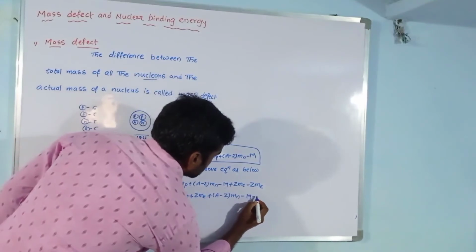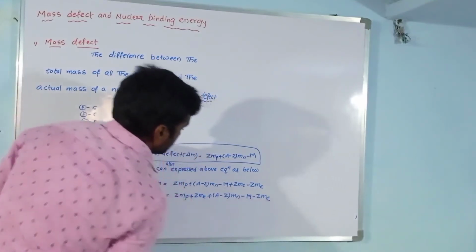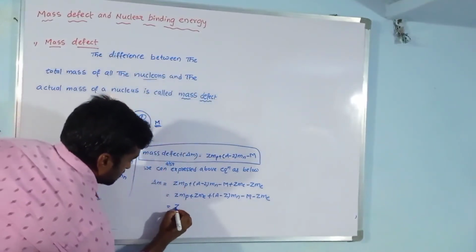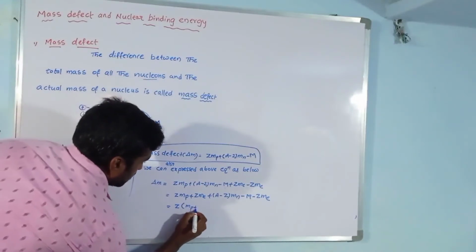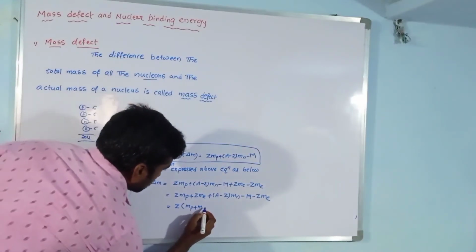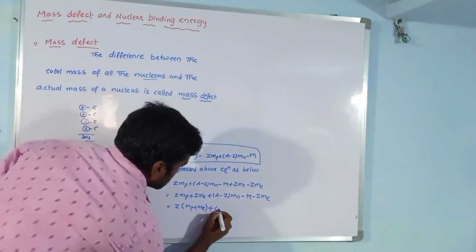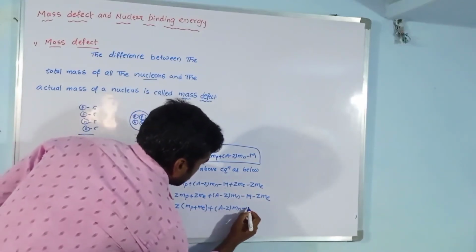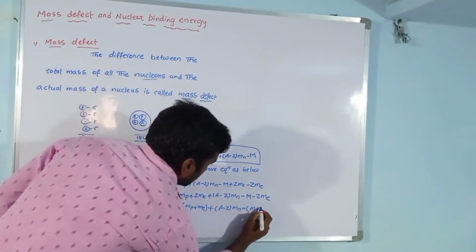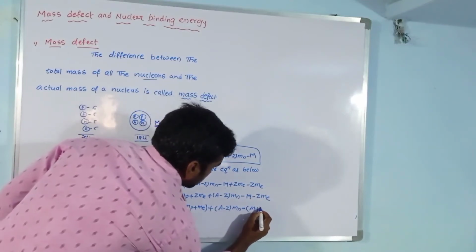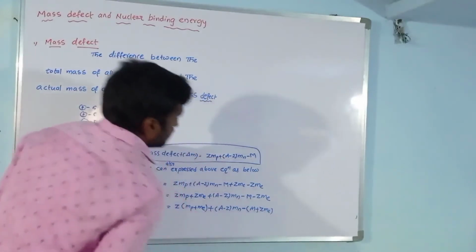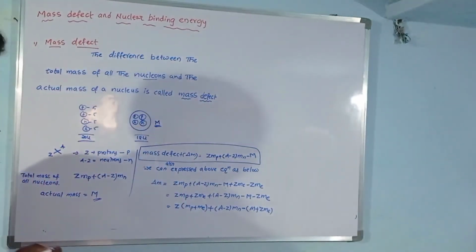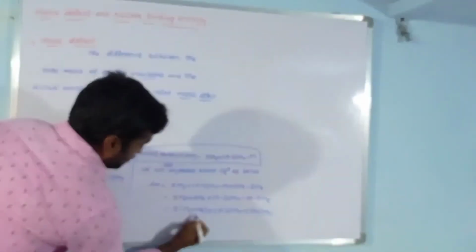I am taking Z common: Z(MP plus Me) plus (A minus Z)Mn, and taking minus common: minus (M plus ZMe). So if you observe here, this is MP plus Me.